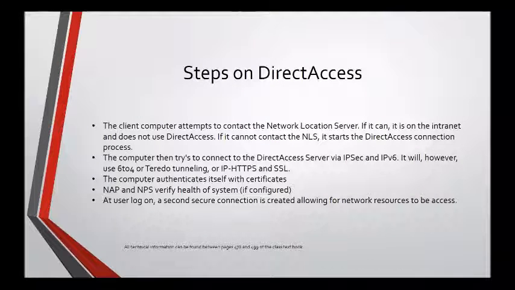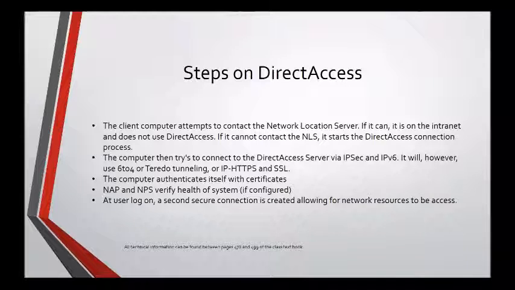For a computer to connect to direct access, it goes through several steps. First, the client computer attempts to contact the network location server. If it can contact the network location server, then the client computer is on the intranet and does not attempt to contact the direct access service. If the computer, however, cannot contact the NLS, it starts the direct access connection process.